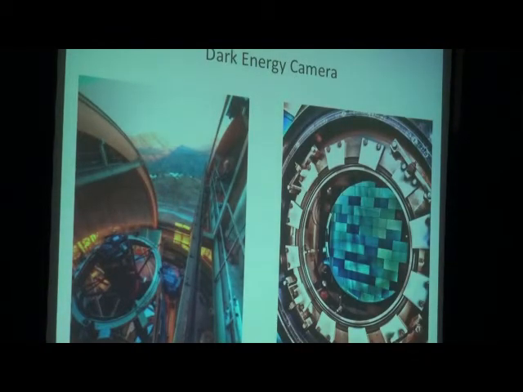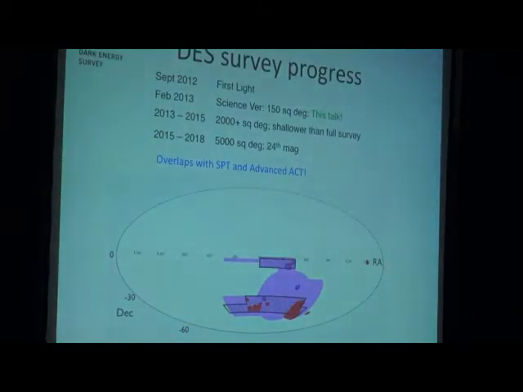That was a plot from a year and a bit ago. Now we have data from the Dark Energy Survey. This is the camera. This is the telescope in Chile. And Tommaso Gianantonio is going to give you a talk on Friday showing some other results from DES. This is the footprint of DES. We've completed more than 2,000 square degrees to a certain depth.